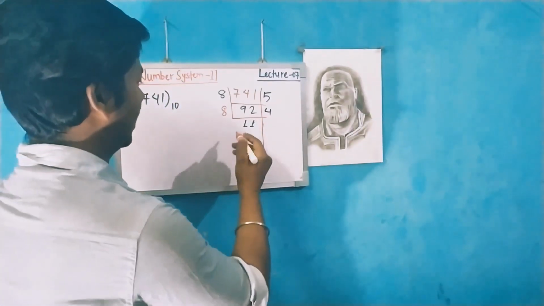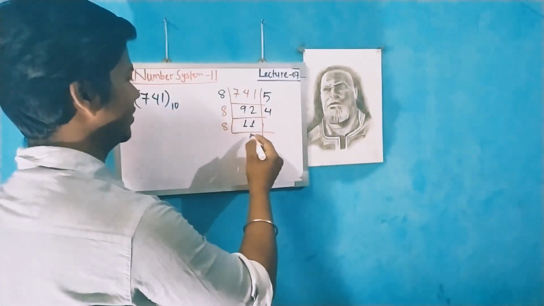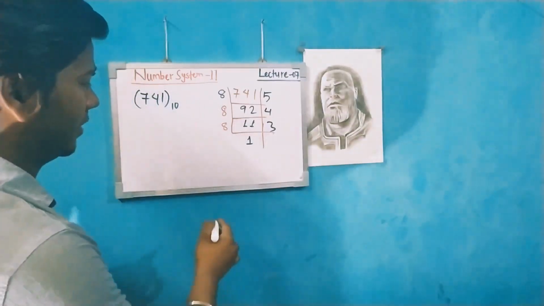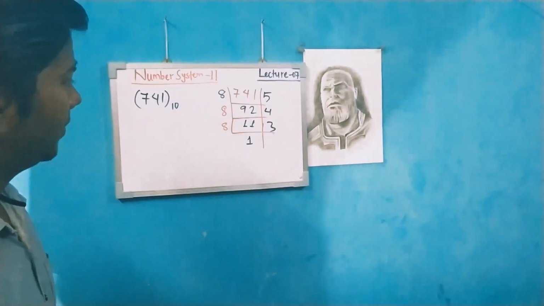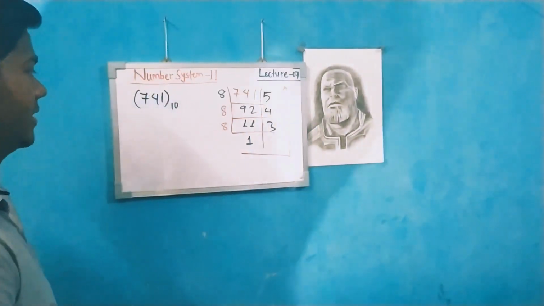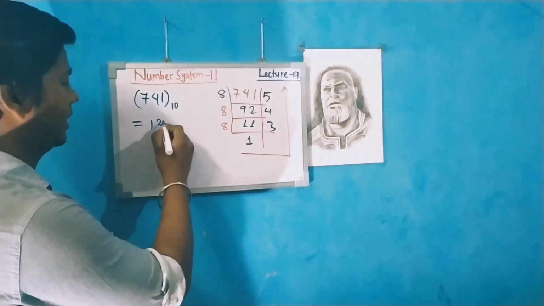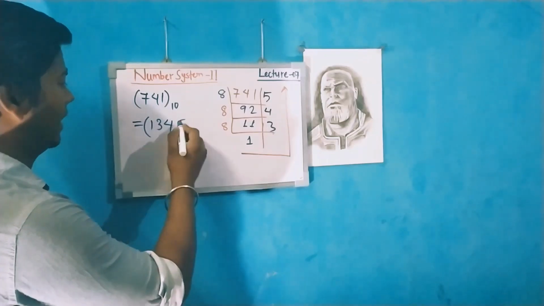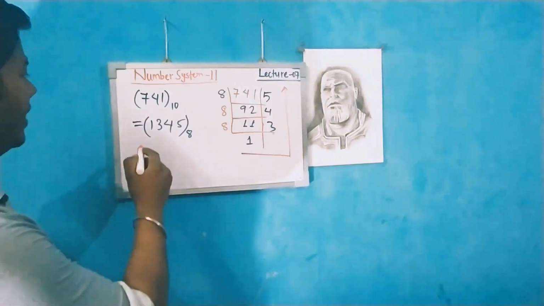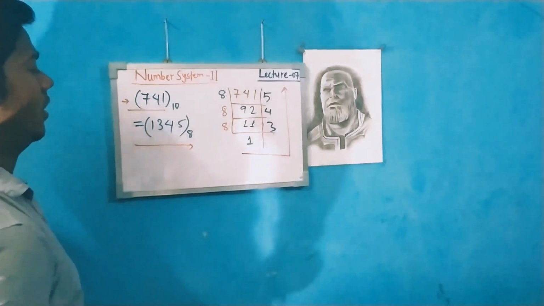Now, again, divide this number by 8 and it gives you remainder 3, and the result is 1. So here we stop, and now we write this number as 1, 3, 4, 5 and base is 8.